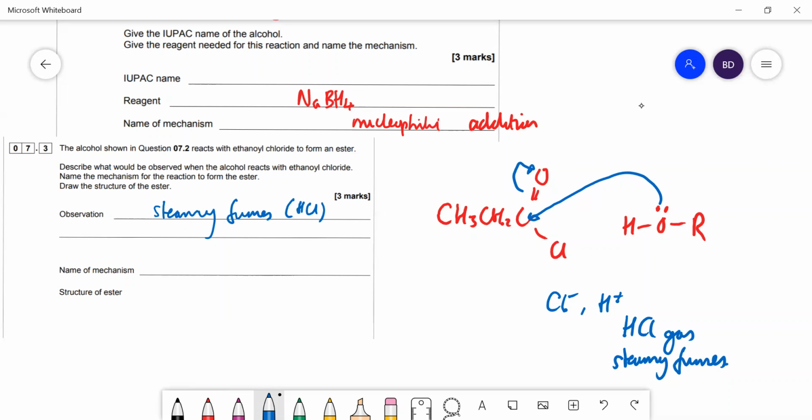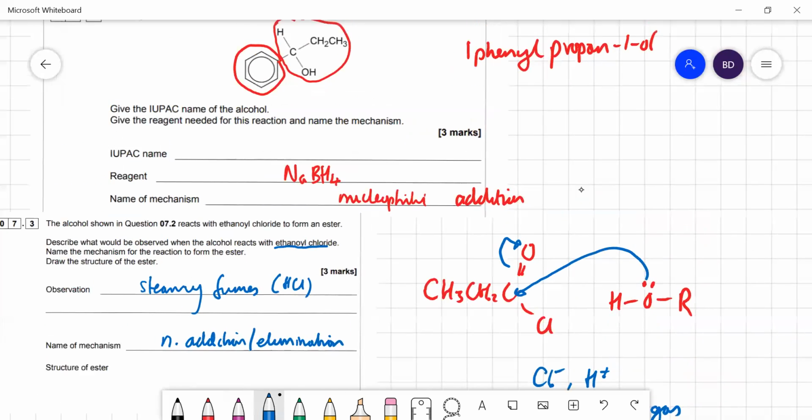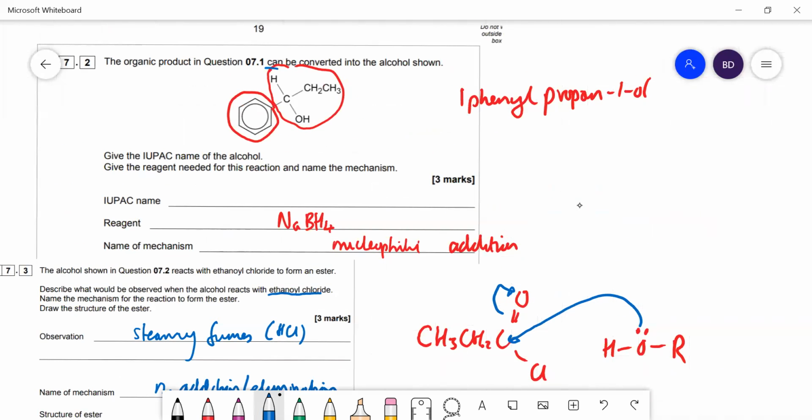The name of the mechanism is nucleophilic addition followed by elimination. They don't ask you to draw that mechanism there, which is usually like a 4 or 5 mark question. And the structure of the ester, well, the alcohol is going to react with propanoyl chloride, right? So let's just grab that alcohol.